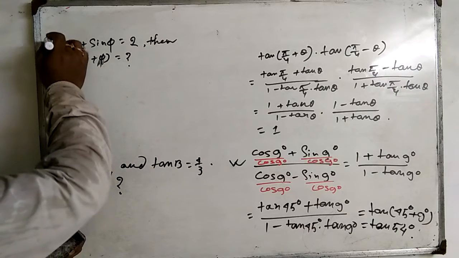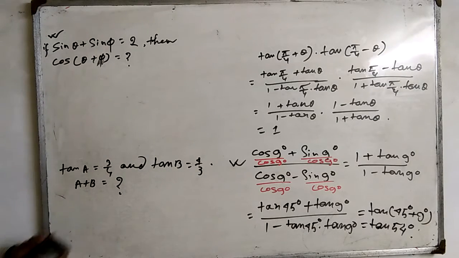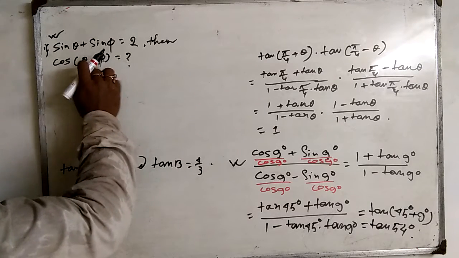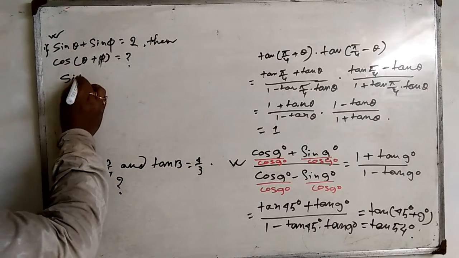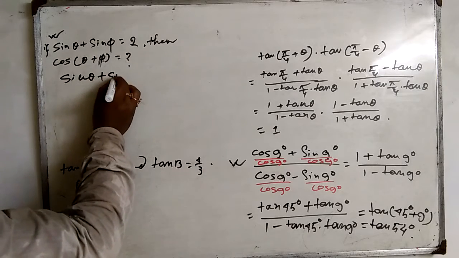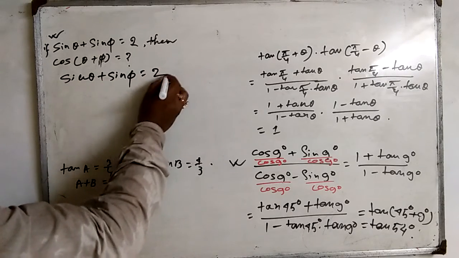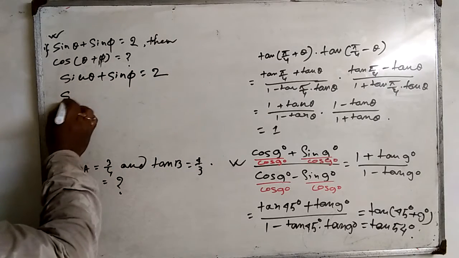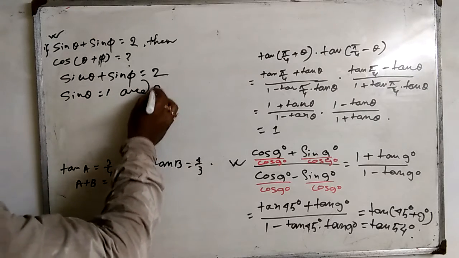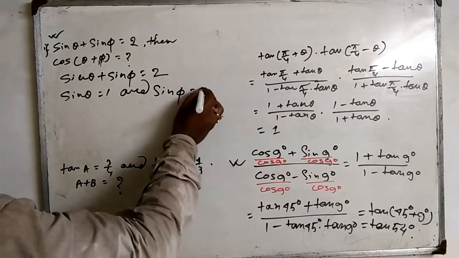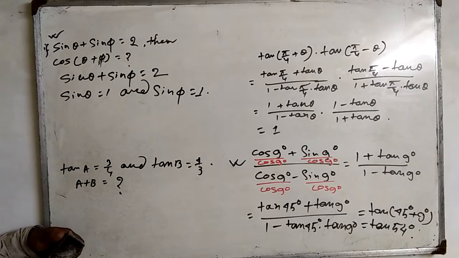Next, the problem: sin theta plus sin phi equals 2. Find cos of theta plus phi. This is a most conceptual problem. Sin theta plus sin phi equals 2 means sin theta equals 1 and sin phi equals 1. Why?